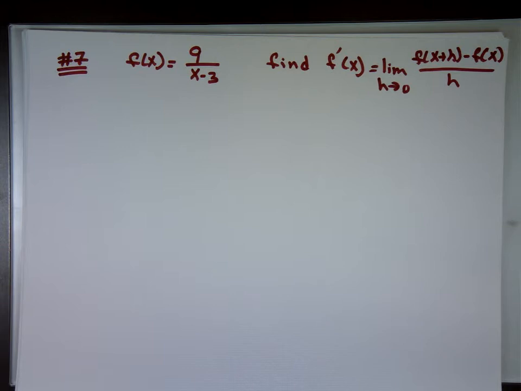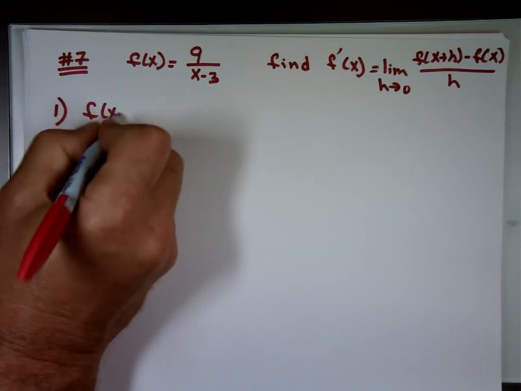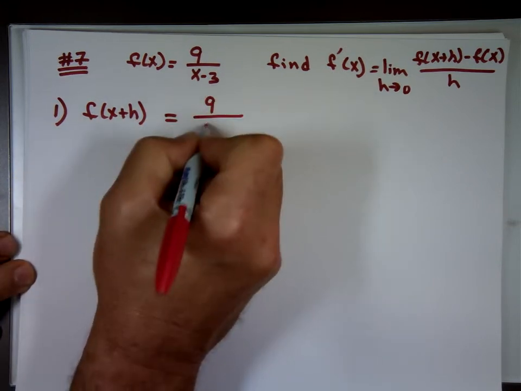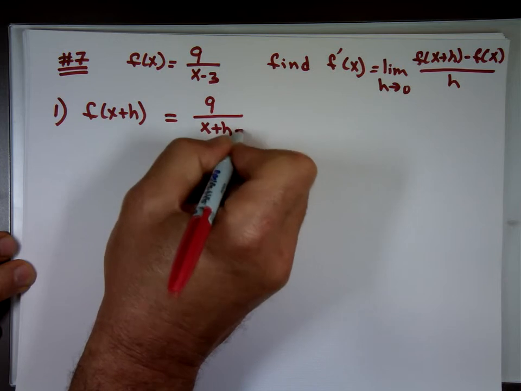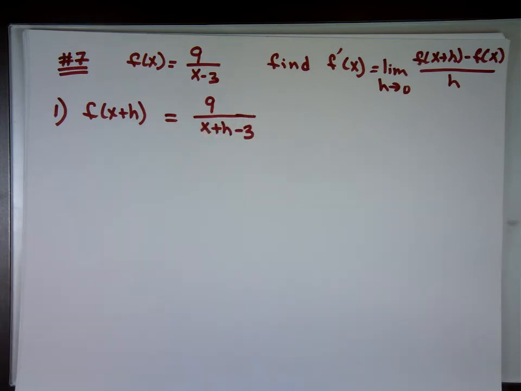Four steps. F of x plus h: replace x with x plus h. And you can't simplify this. That's it. So step number 2.